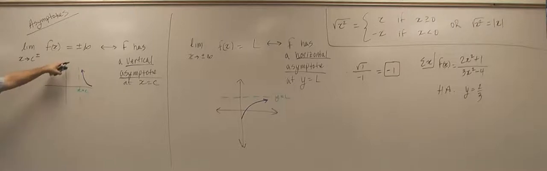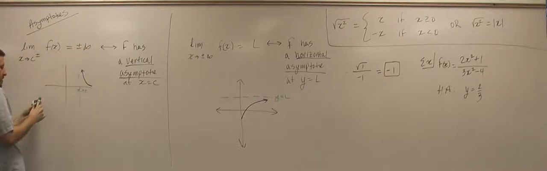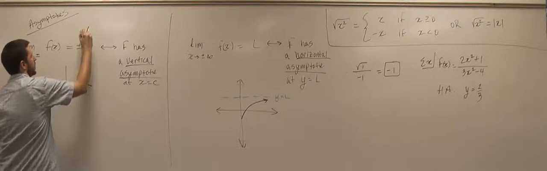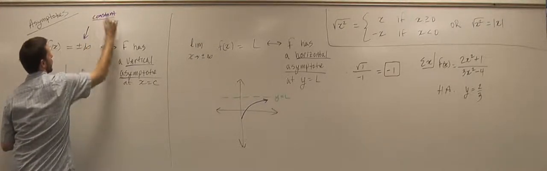Right, for all practical purposes, how do you find vertical asymptotes? Set the denominator equal to 0. That doesn't change, that's still the same. Because if your denominator equals 0, as long as you have a constant, right, to do this you look for c over 0. You need a constant over 0.